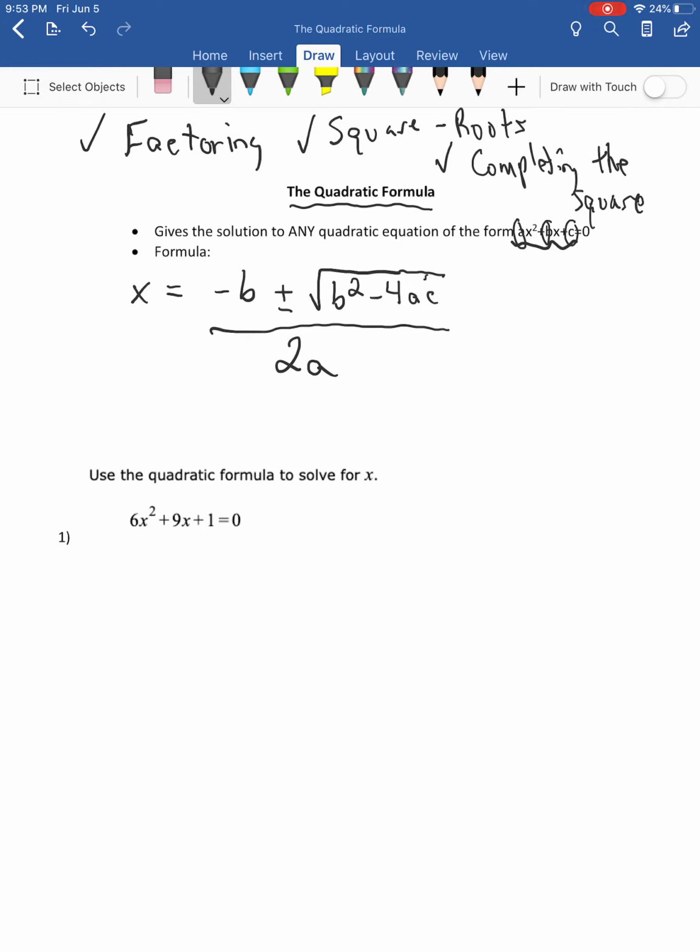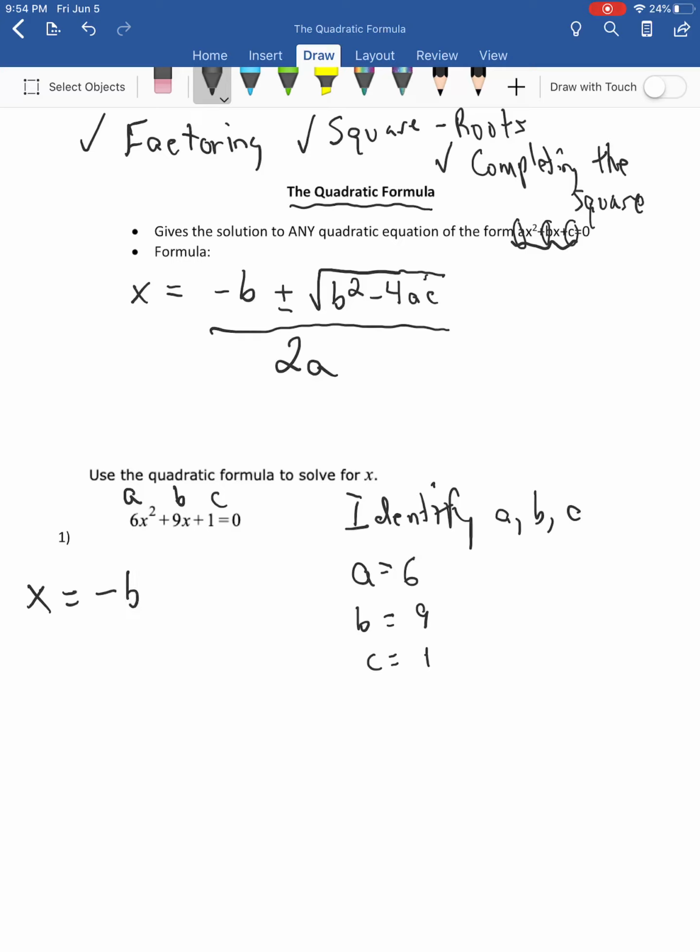The first thing we want to do is start by identifying a, b, and c. This is already in the form we need, ax squared plus bx plus c. So a equals 6, b equals 9, and c equals 1. Now we can just throw everything into the formula. Especially when you're new to this, you want to be in the habit of rewriting the formula every time you're using it.